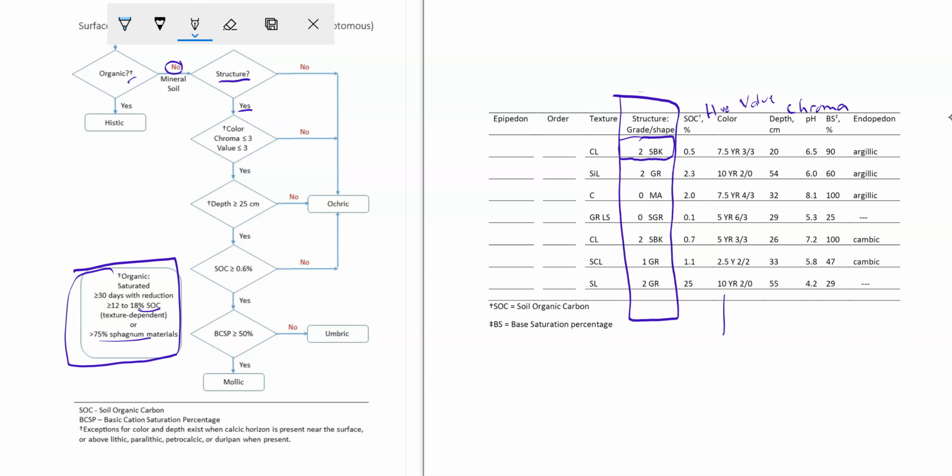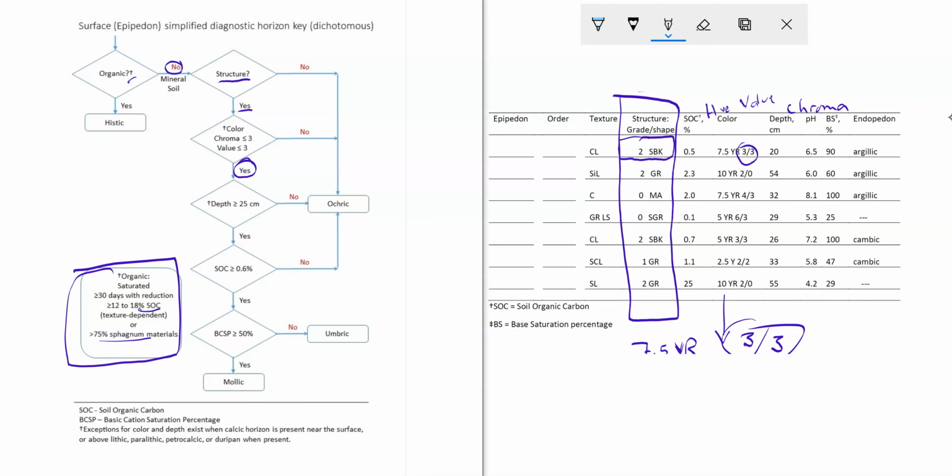So our first thing here with the letters, like 7.5 YR, that is our hue, our value is 3, and our chroma is 3. So we ask the question, are both the chroma and the value, so these two numbers, both 3 or less? Well, they're both 3, so yes, they meet that one. Yes. We go to the next question.